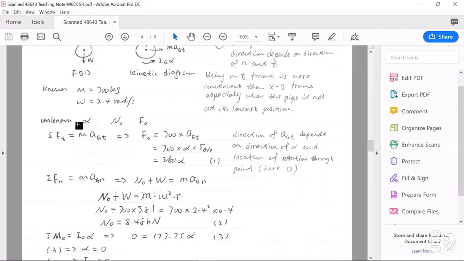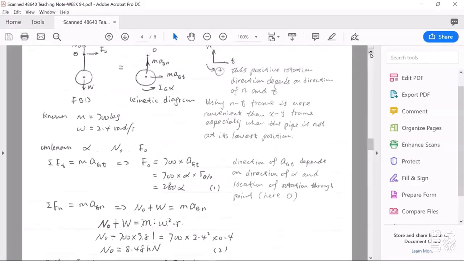AGT and alpha, these two are not independent. Because at this moment O is the rotation center, AGT can be expressed using alpha. If we assume alpha in this diagram is positive counterclockwise, then AGT, in this direction, must be to the right side, positive.